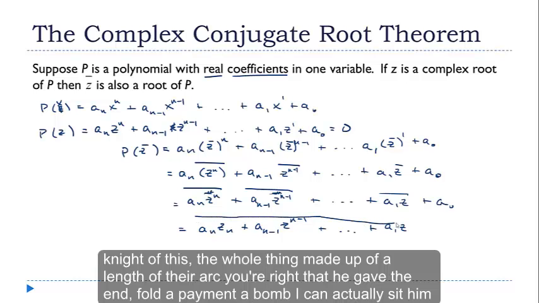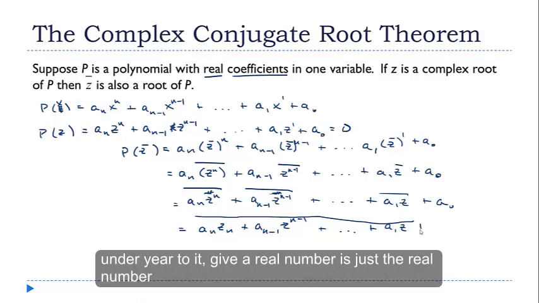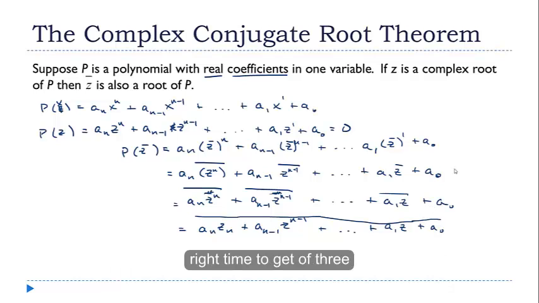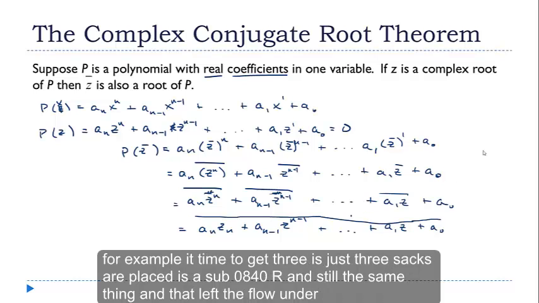And I can put this conjugate over the whole thing. Now you notice I've left this little a_0 here. Because he's become just a little bit of a pain in the neck. I can actually slip him under here too. The conjugate of a real number is just the real number. The conjugate of 3, for example, is just 3. So I can actually replace this a_0 with a_0 bar, and it's still the same thing, and that lets me slip it under here.